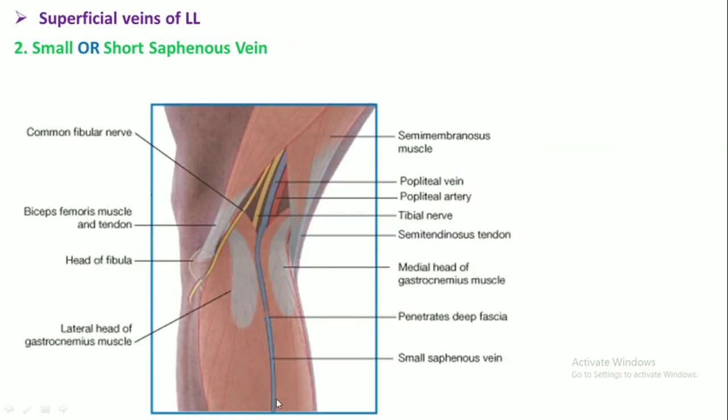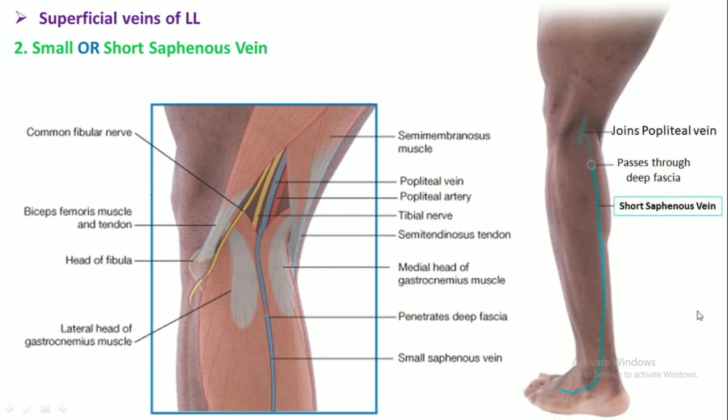Here this is the small saphenous vein. It penetrates the deep fascia and then joins the popliteal vein. This is the same figure.